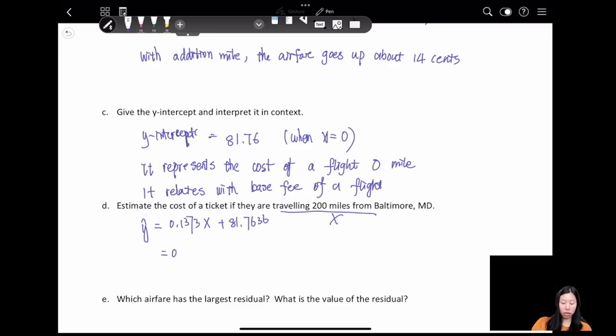We put in x equals 200, and then we can find our y. Remember, this is the predicted model. It may not be accurate, but that is the most likely price that we might get, which, put in a calculator, is $109.22. This y hat is our predicted value, not the real value, not the observed value. This is the predicted value.